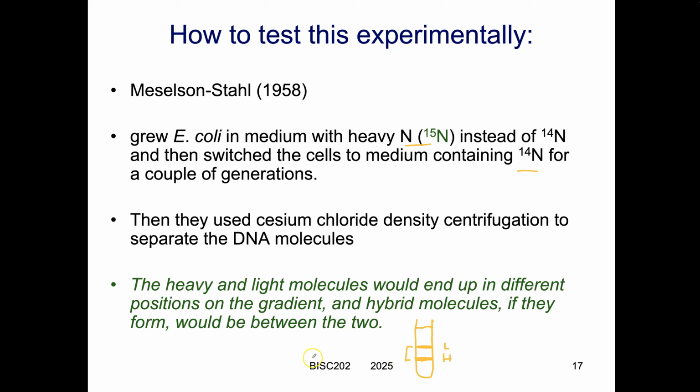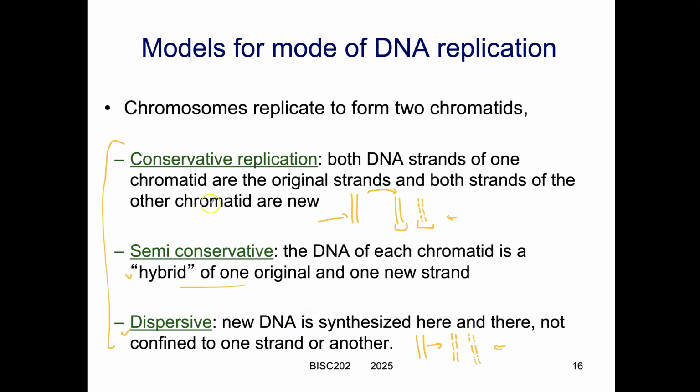So you want to think about what would you expect to see for each of these models. If you labeled heavy DNA and then you had new DNA that was made with the lighter media, what would you expect in semi-conservative? What would you expect in dispersive, and so on?